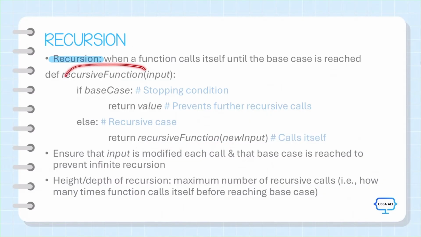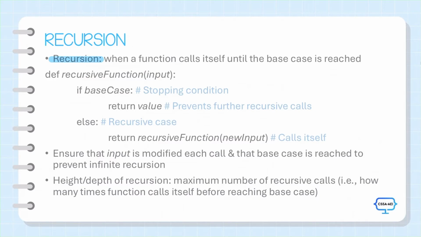If we haven't reached our base case yet, we're going to call the recursive function again. So we're going to call itself with a new input, okay? And it's going to keep going back and forth until we reach a base case and return something, or just stop calling. Okay, so the key thing here is that the input needs to be modified each call, and this base case has to be true eventually so that we don't have infinite recursion going on.